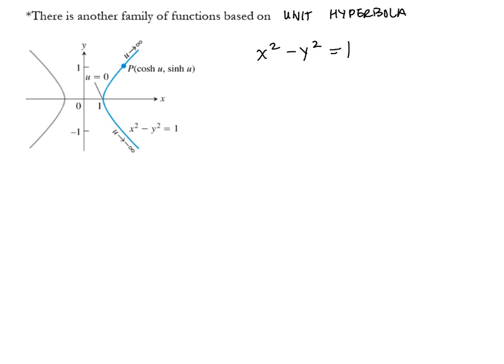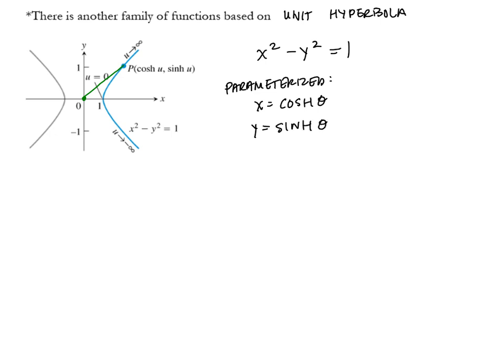We can parameterize any point on the hyperbola as a function of the parameter, emanating from the origin and terminating at any point on the hyperbola, as x equals the hyperbolic cosine of theta and y equals the hyperbolic sine of theta.